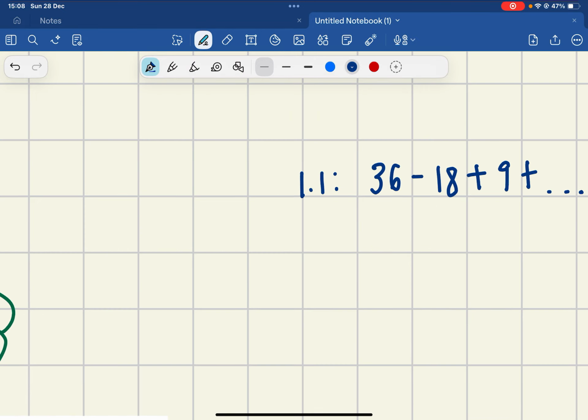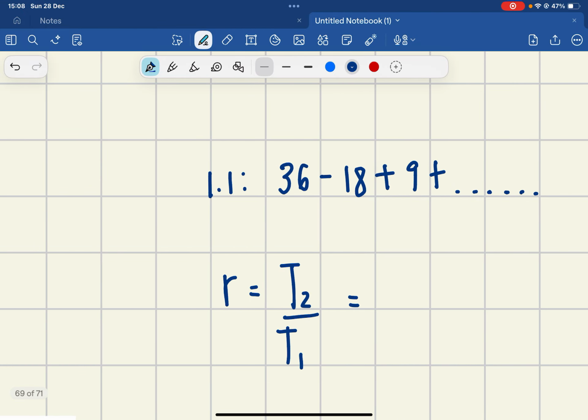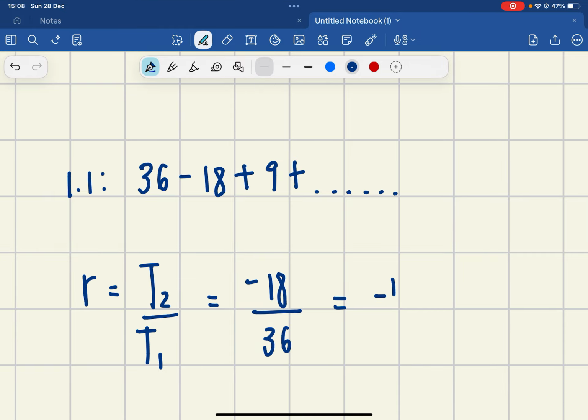So let's quickly calculate the r value. Our constant ratio r is equal to T2 over T1, which is equal to -18 over 36. If we simplify that, -18 divided by 36 gives us -1/2.